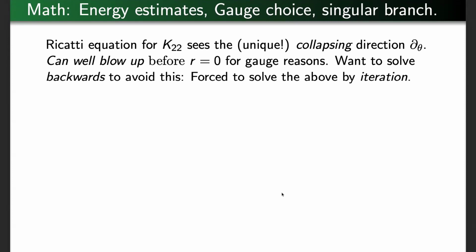Let me say the difficulty from a geometric point of view. If you believe that you've got contraction in one of the directions and expansion in the other, and you want to work with a congruence of geodesics, the contraction is very, very dangerous.